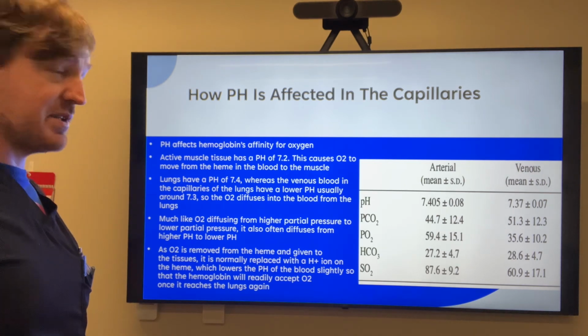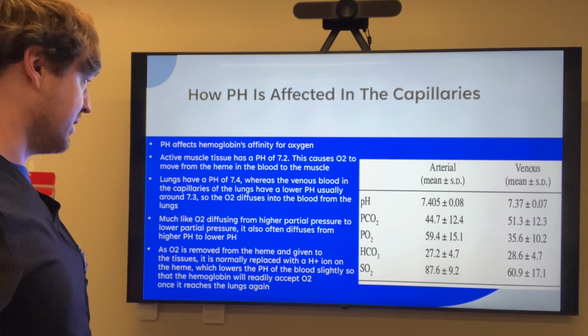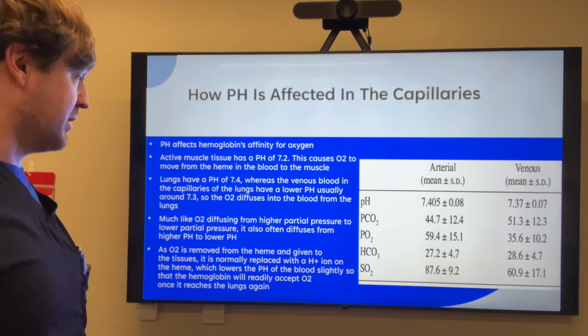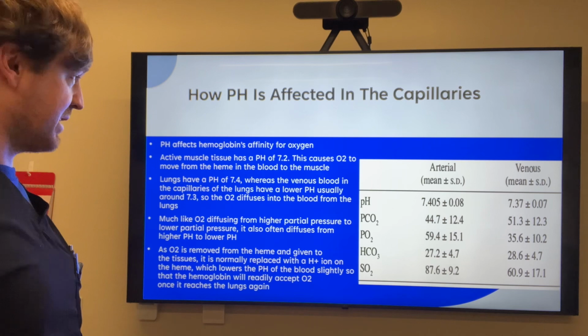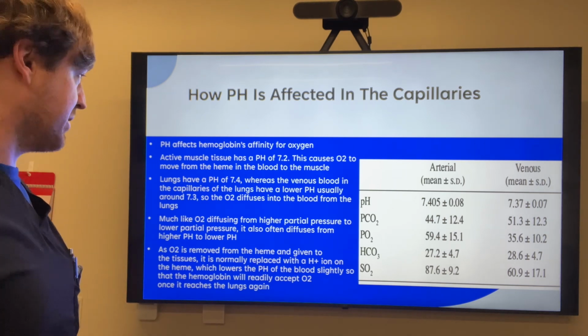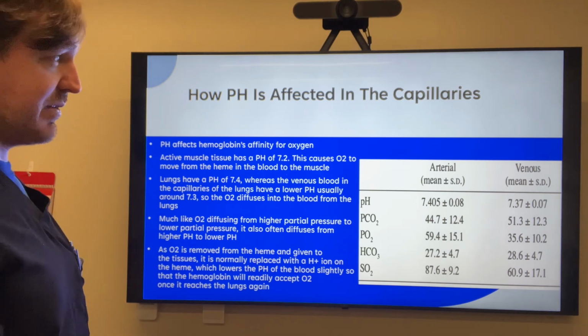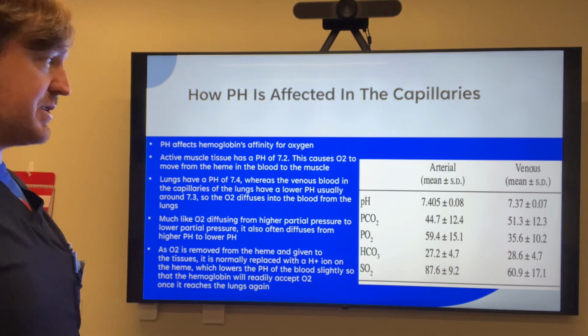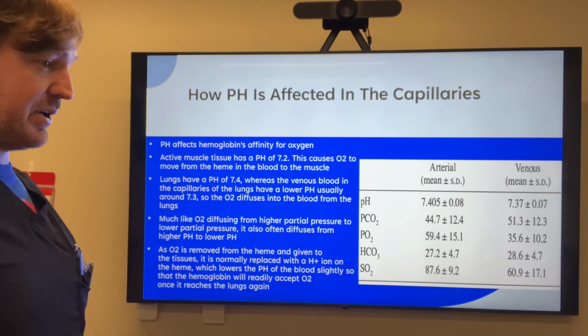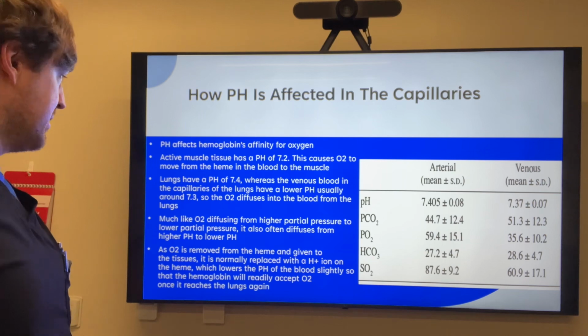Lungs have a pH of 7.4, and then the venous blood going through the lungs has a pH of like 7.3 to 7.35 or 7.37 according to those numbers. So that causes O2 to come from the lungs into the blood.